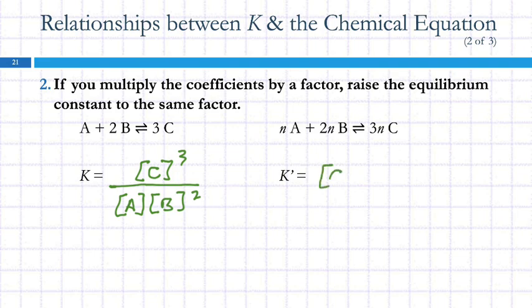So then we've got C raised to the 3n power, A raised to the n power, and B raised to the 2n power.